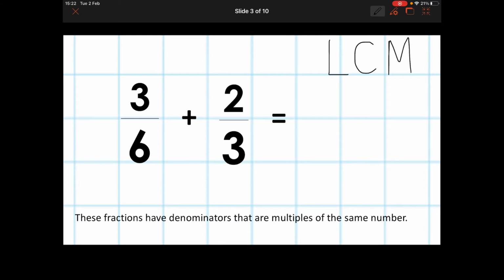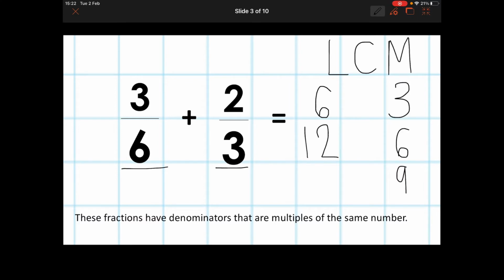I'm just going to go ahead and list my 6 times table, because I have a denominator of 6. I'm not going to go too far down. I'm going to stop at 12 for a moment. And now I need to do the same but for 3. So 3, 6, 9.